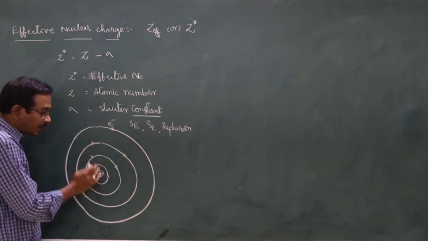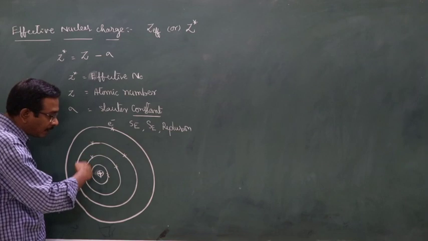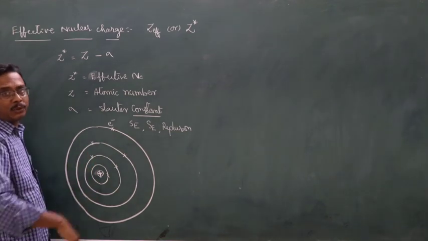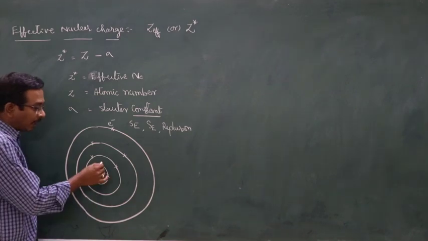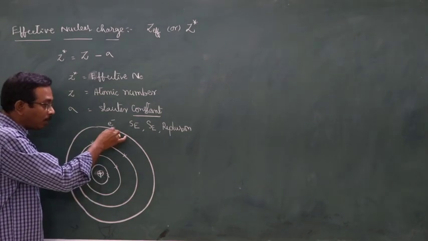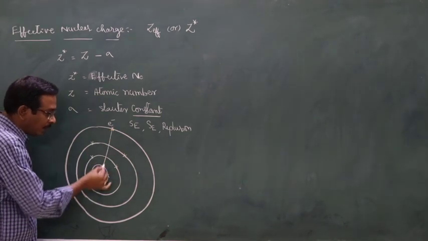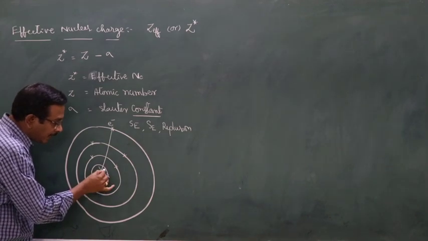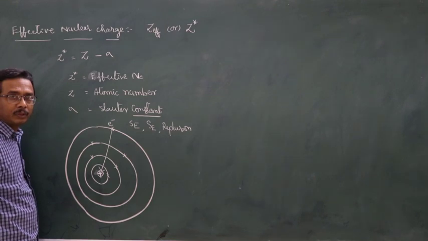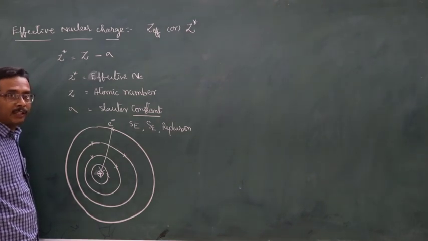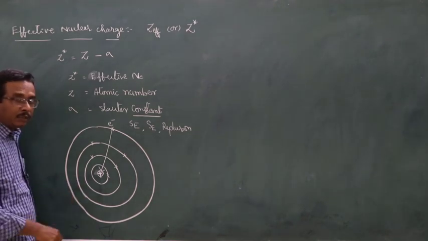Along with the outermost electron, it attracts the electrons of inner orbits also, undoubtedly. But I would like to calculate the effective nuclear charge on the outermost electron. Now, this nucleus is tightly attracting the valence electron towards itself. That is the attraction force.